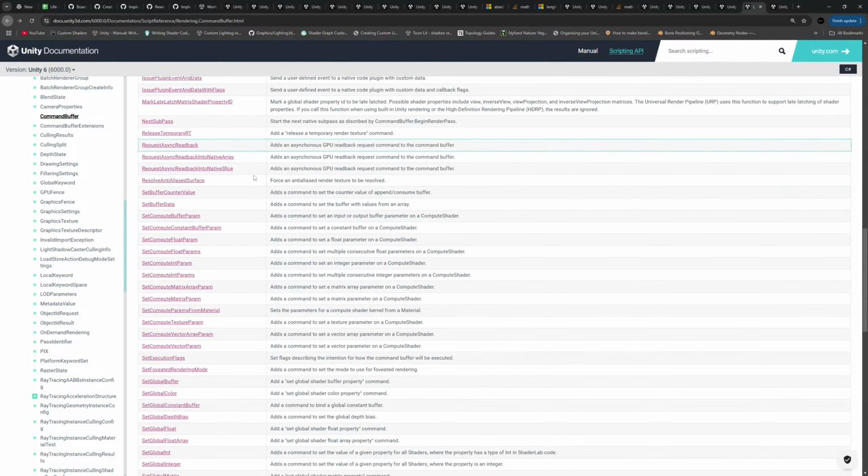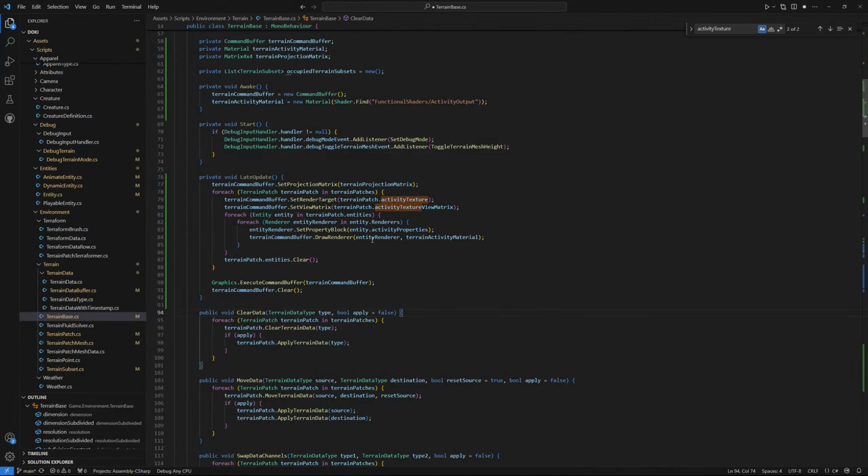I would have hoped that we had something similar to this, but for a regular shader, because it feels weird to set the property block for each renderer when each renderer is going to be rendered using the same material and the same property we set in the property block.